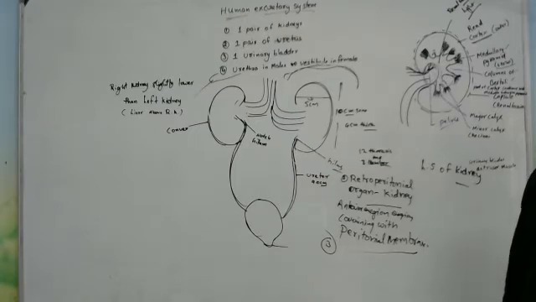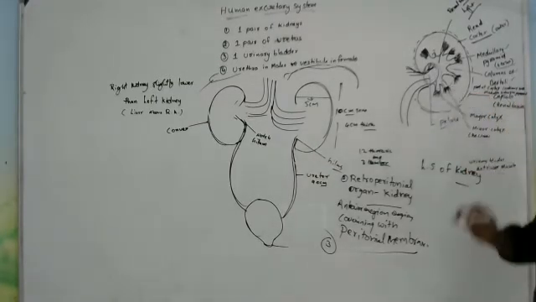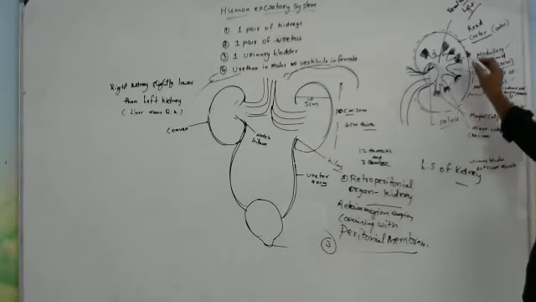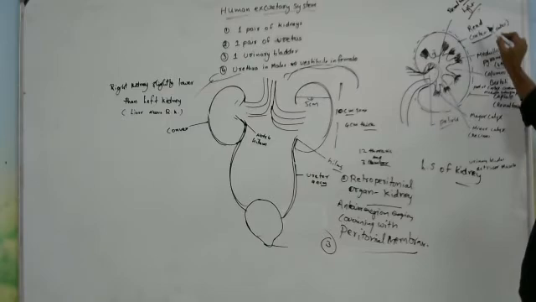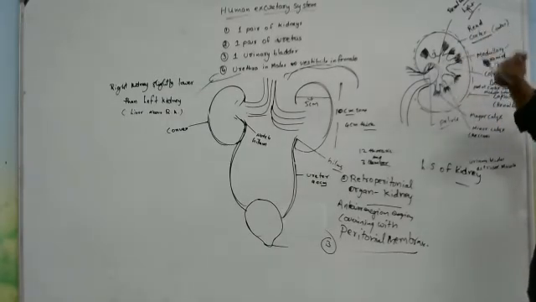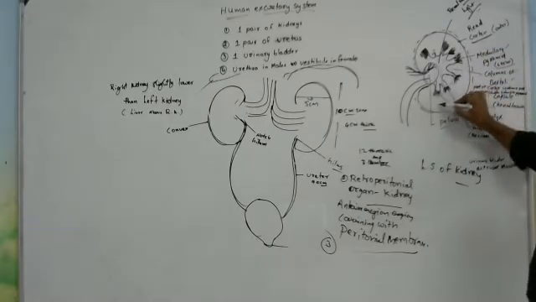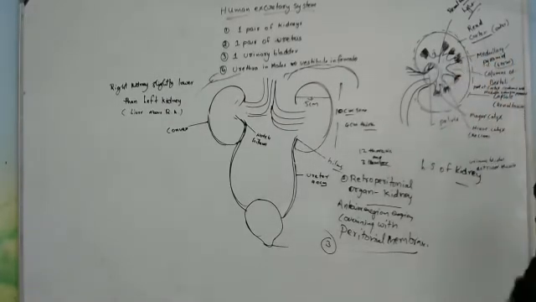So try to understand here. First of all, the kidney is divided into two regions: the outer region, which we call the renal cortex, and the middle region, which we call the renal medulla. The outer region is thick and dark red in color, and the middle region is lighter in color.